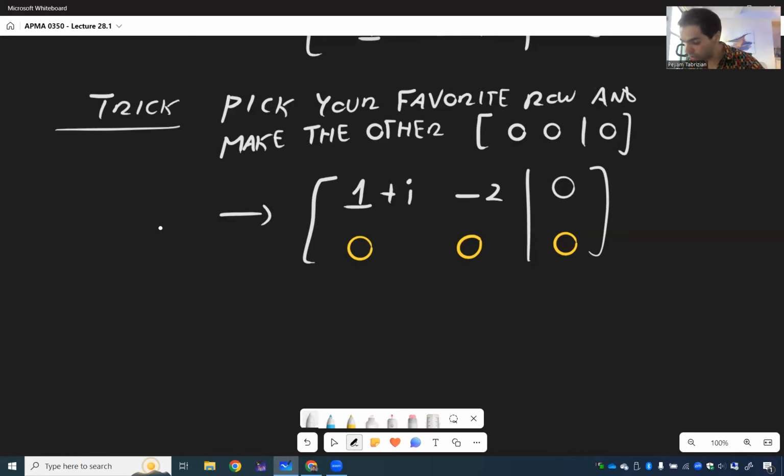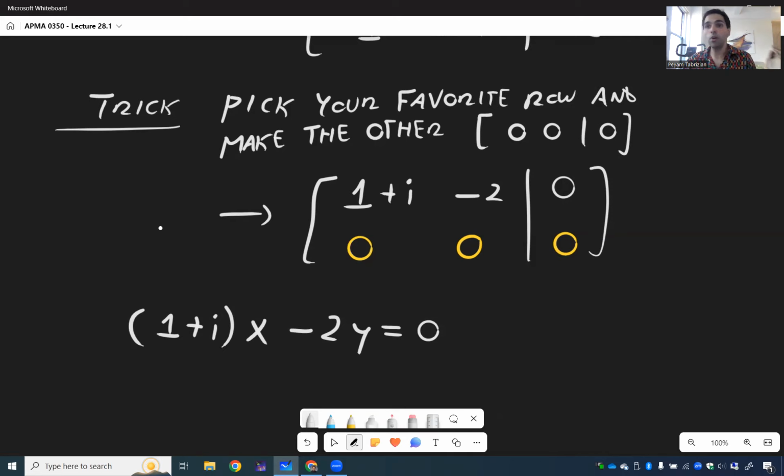Now this tells you that (1 plus i)x minus 2y equals 0. Again, in my opinion, it's easier to do the guessing game. In this case, x equals 2 and y equals 1 plus i works.